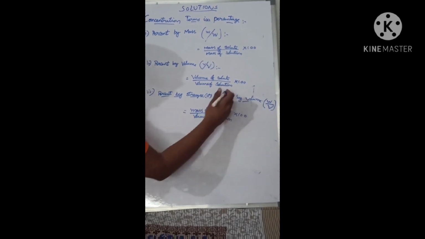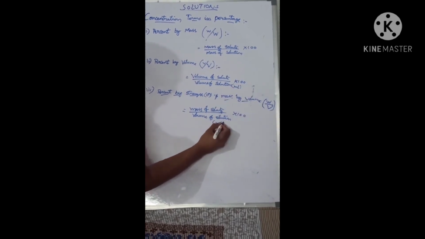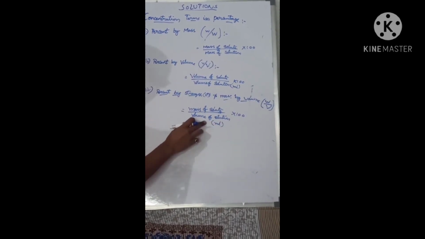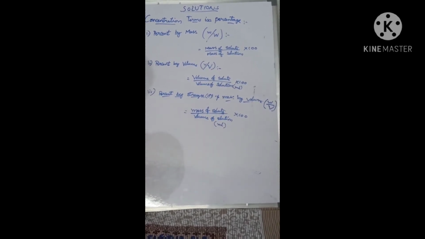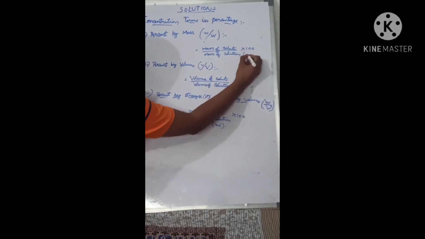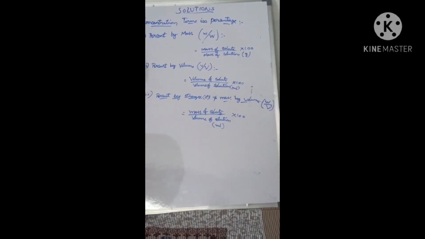In this case, the volume of solution is taken in milliliters, not in liters, and the mass of the solute is taken in grams. Okay. Next, parts per million.